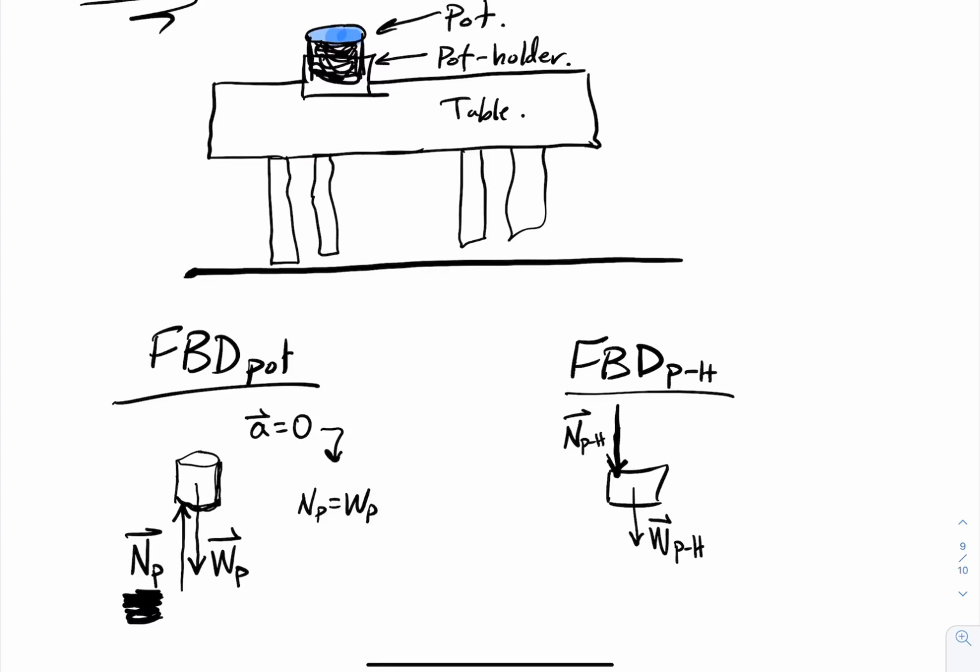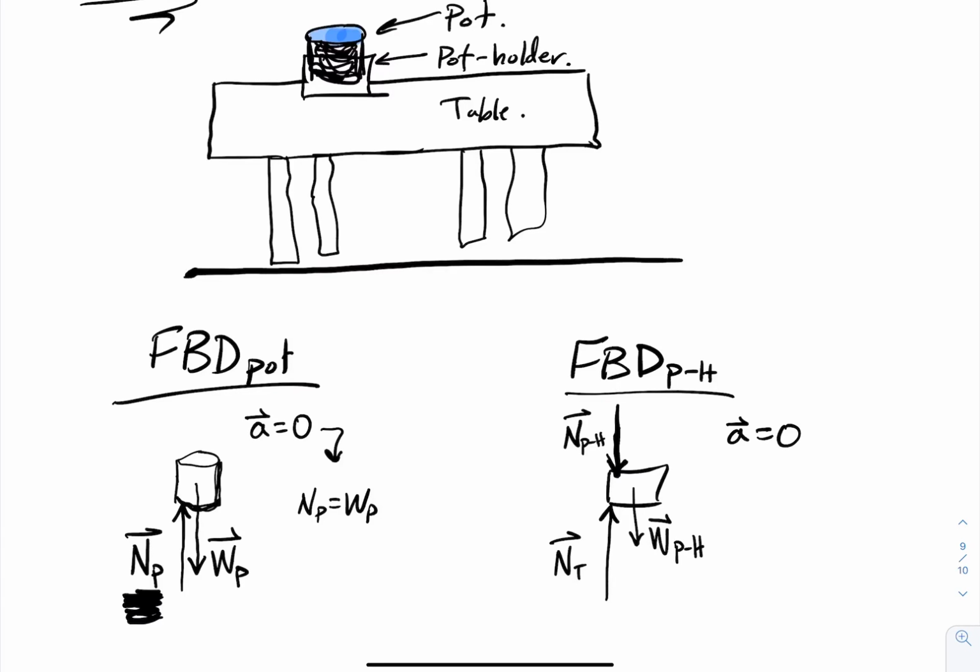Is there anything else touching the potholder? Well, of course, the table. The table's keeping the potholder from accelerating toward the earth, and so the table's exerting a normal force, normal from the table. We know that that thing is sitting there like a house on the side of the road, so it's not accelerating.